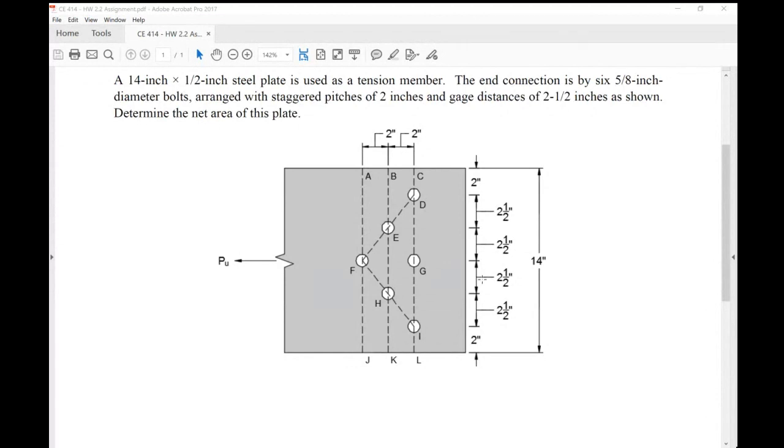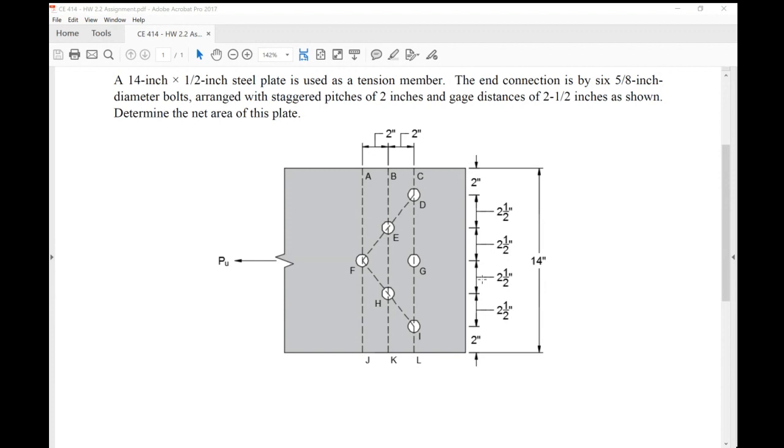All right. So on this one, pretty much all of the bolts are lead line bolts except for G. G is the one bolt that does not occur on the lead line. On this connection, I want you to determine the net area, but part of this is about recognizing the patterns, and I want to see if you can identify all of the possible net area paths.